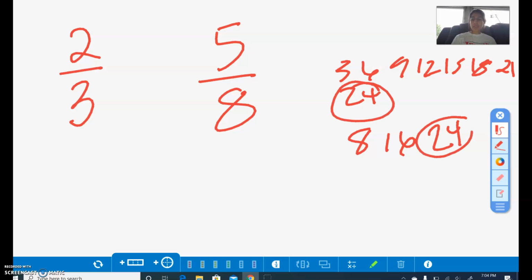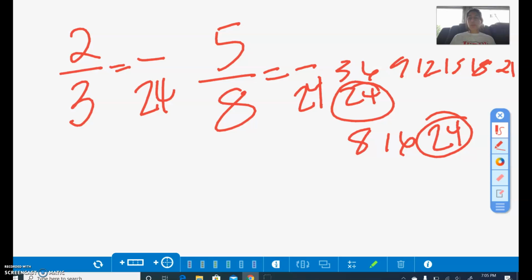What they have in common is that 24. The other way I could do this, like I could take our denominators and I can multiply them. 3 times 8, so if I look at my denominators, I have the denominator 3, the denominator 8. I can multiply 3 and 8, and I know that I will get 24. That's going to be my new denominator.